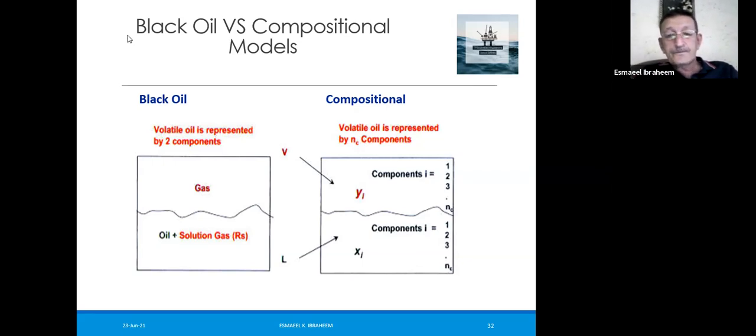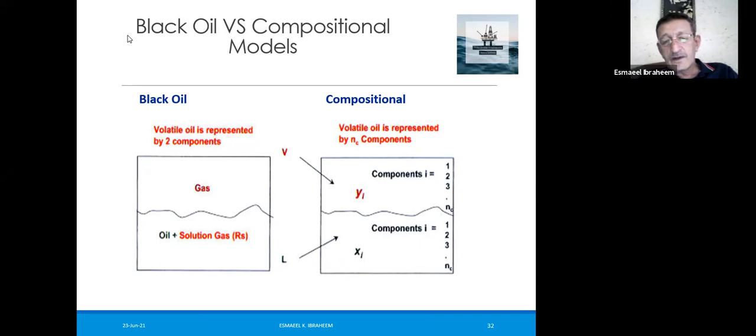Sorry, sorry. The compositional model, volatile oil is represented by NC, the number of components. So each component, for example, you have Y and X, different fluids. This is vapor. Y is usually used for the vapor part of the oil, and L, or X, is used for the liquid part of the oil.